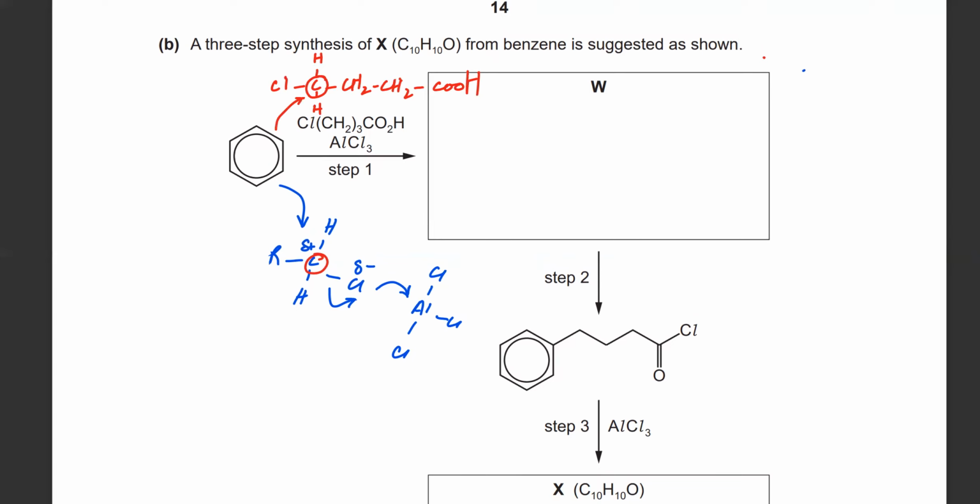So if you draw this molecule, the benzene, carbon. So it's going to be this carbon that's going to get attached to the benzene. So you have to be careful. This is Friedel-Crafts acylation and alkylation, which were also part of electrophilic substitution, which we already did. And there's going to be H and H. And at the end, there would be carboxylic acid.